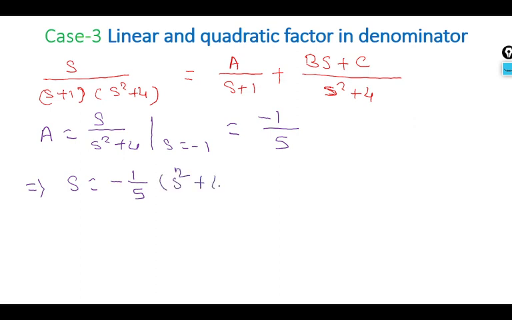So minus 1 by 5 times s square plus 4 plus bs plus c, into s plus 1. So this is the cross multiplication.